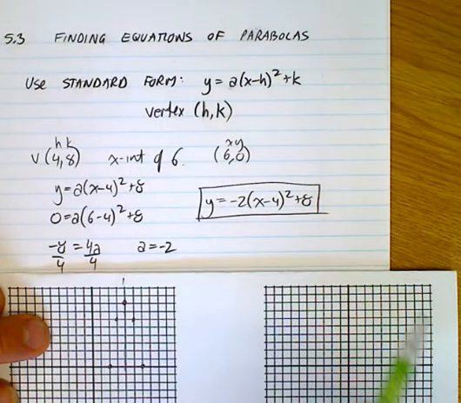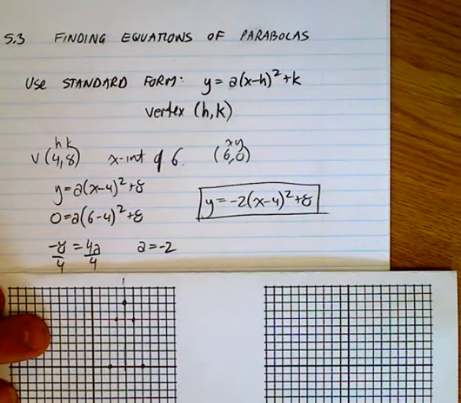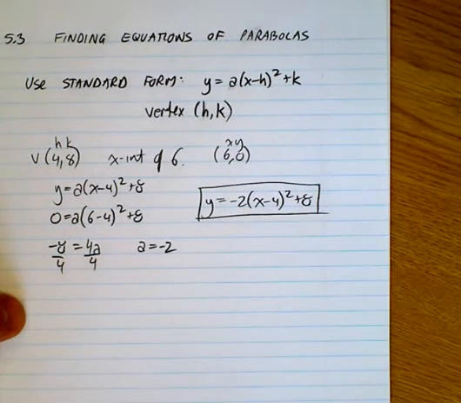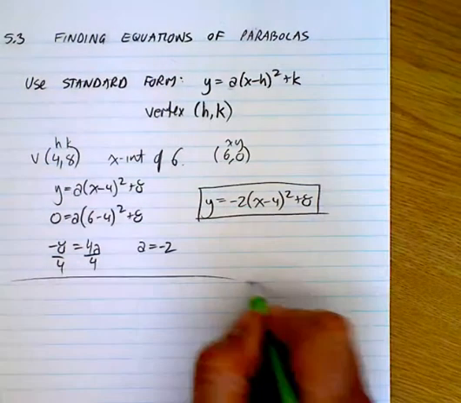Now there are other situations where you will not be given the vertex, you will not be given the graph. You're going to need to find out the equation just given 3 random points. So let's look at that situation.